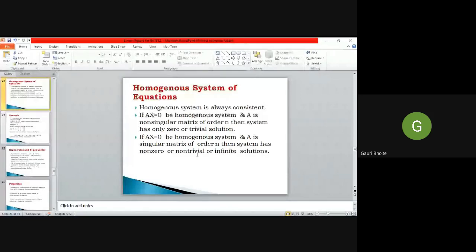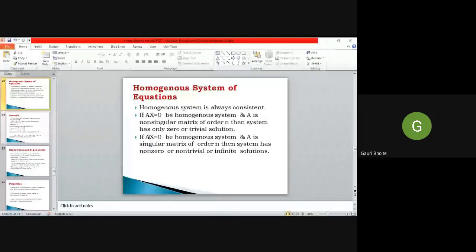So again, if the rank of A is equal to the number of unknowns, it has a trivial solution. If the rank of A is less than the number of unknowns, it has a non-trivial or non-zero solution. If A is a square matrix and non-singular, the system has only the 0 solution. If A is singular, the system has a non-zero solution.